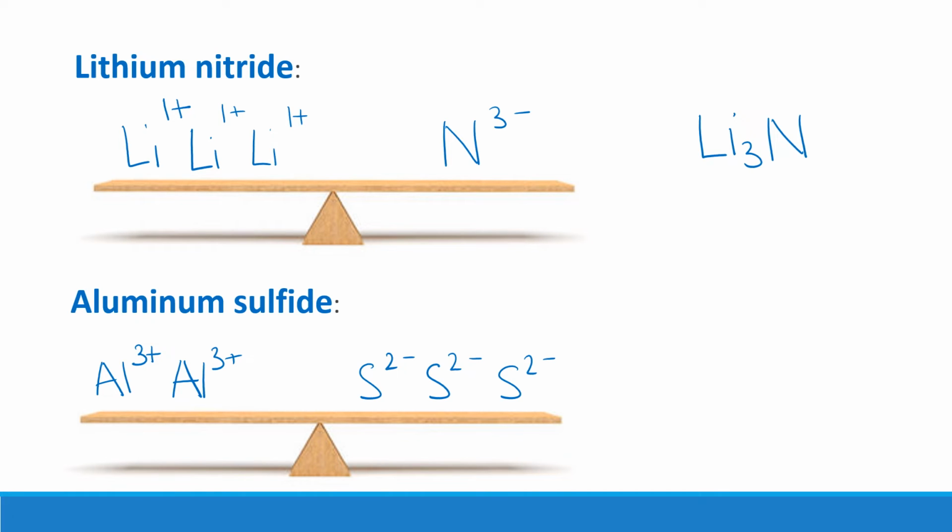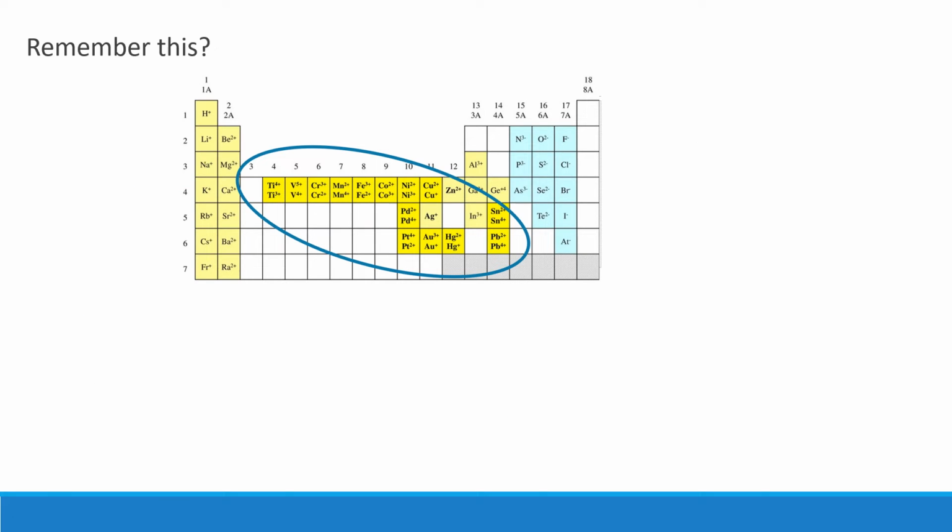So really what I'm doing here is bringing them both up to a +6 and -6, finding essentially the least common multiple, right? And the formula for aluminum sulfide is Al2S3.